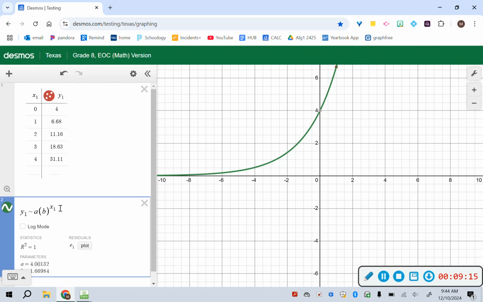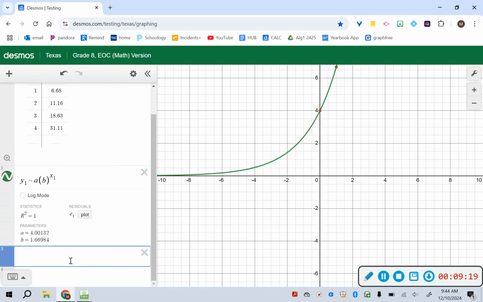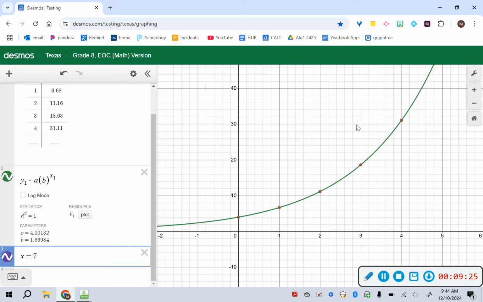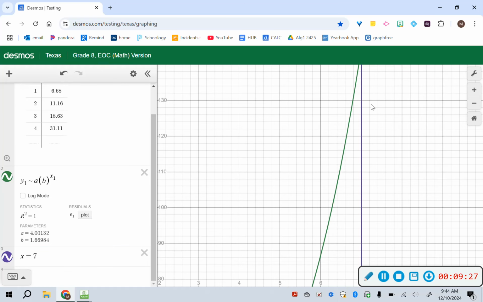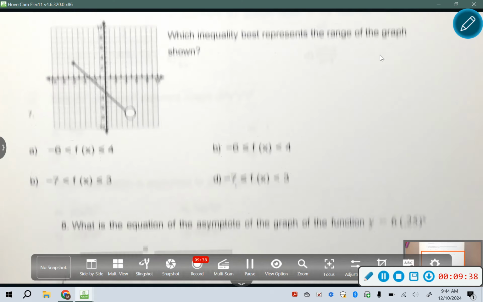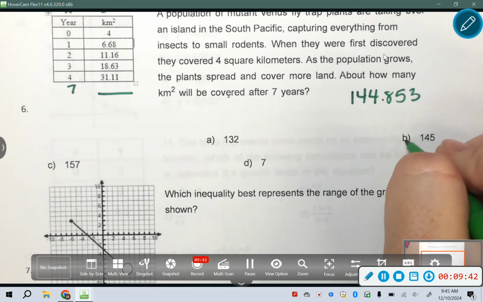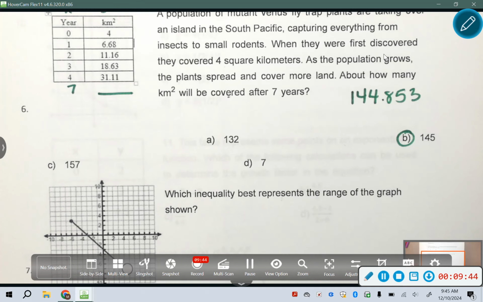And I have this, so I'm going to write my equation. I don't even have to write my equation. So right away, I know that I want to know when x equals 7, and I can find where they touch, which is going to be over here. So it's going to be 144.853. So I know that this is my answer, and I'm looking for which one's the closest, which is B at 145.